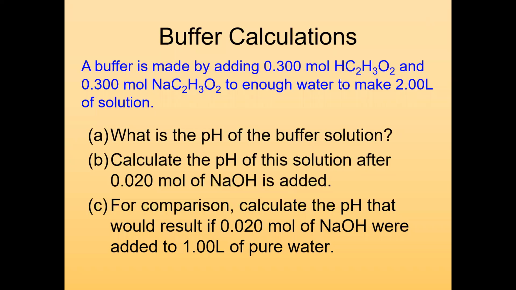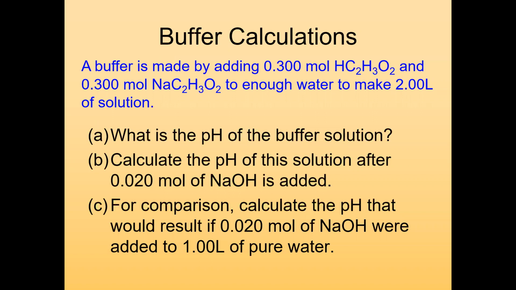Right. So here we have a buffer that's made by adding 0.3 moles of acetic acid and 0.3 moles of sodium acetate to enough water to make 2 liters of solution. And we're going to address 3 different types of problems that you can do. First, we want to know what is the pH of the buffer solution itself.